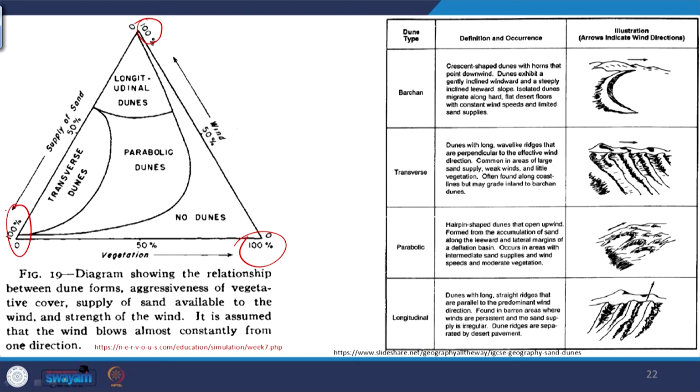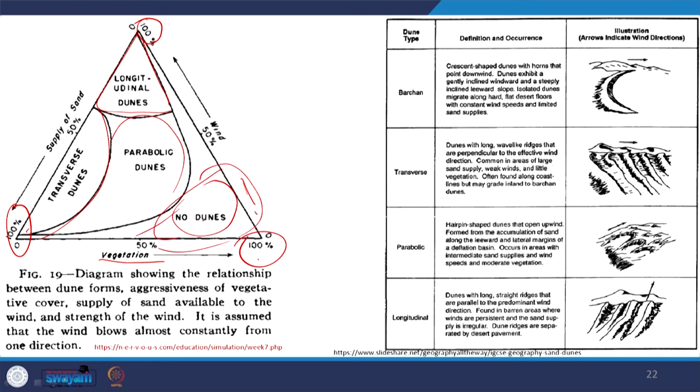In this triangle, this portion is occupied by longitudinal dunes, this is transverse dune, this is parabolic dune, and here no dune. No dunes means we have vegetation 100%, and less wind, 0 wind or less than 50% wind. So, in that case we are getting no dunes.